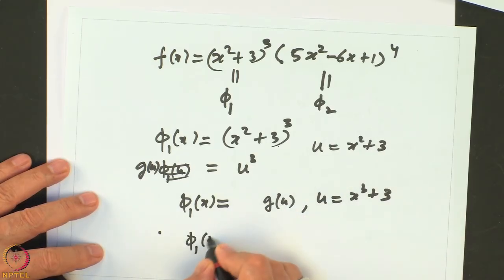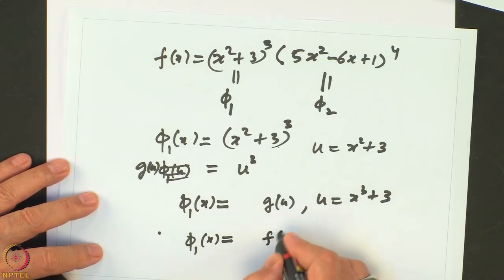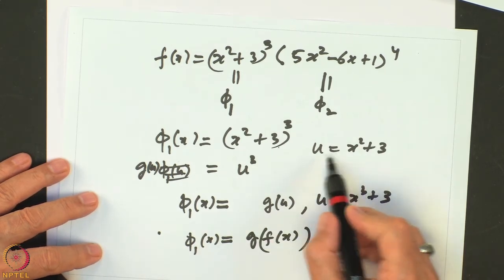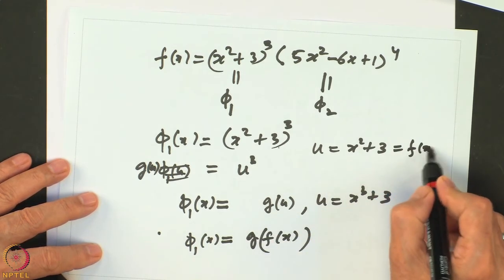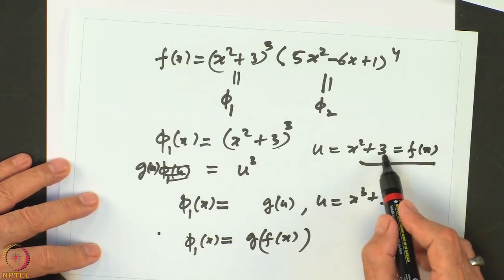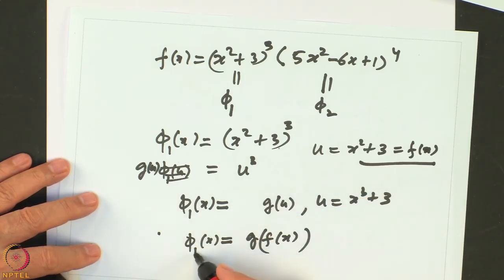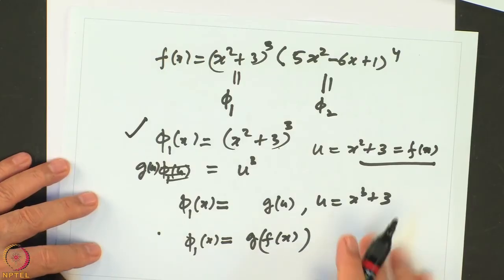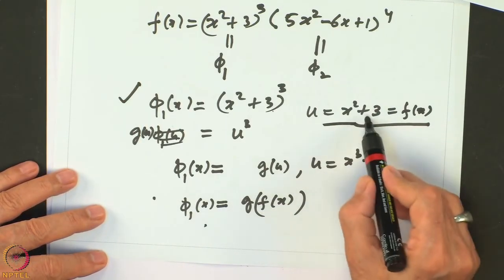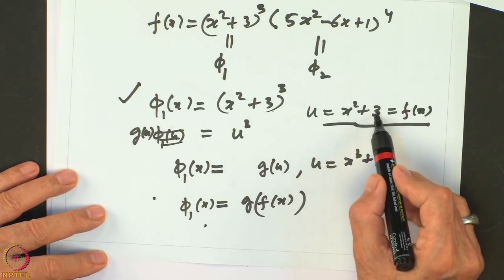So, I can write phi 1 of x is equal to, first write f of x and then write g of that. So, this is equal to g of f of x. If I call this function f of x equal to x square plus 3, that is a function u, and g of u equal to this, then this is phi 1. This function can be written as this. So, the function f of x equal to x square plus 3 is a differentiable function of x.